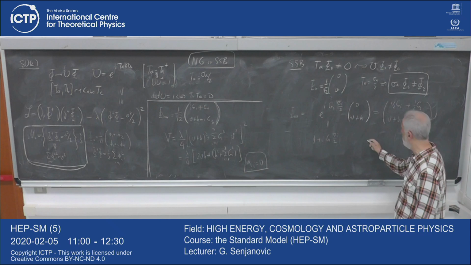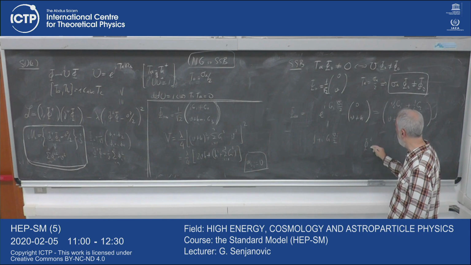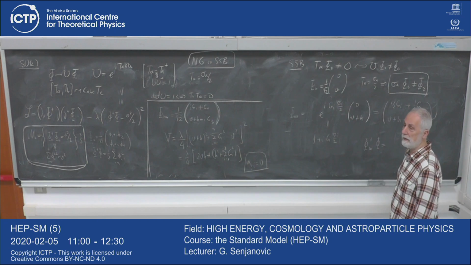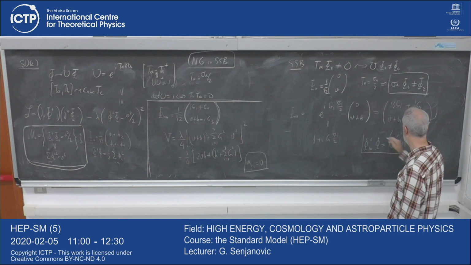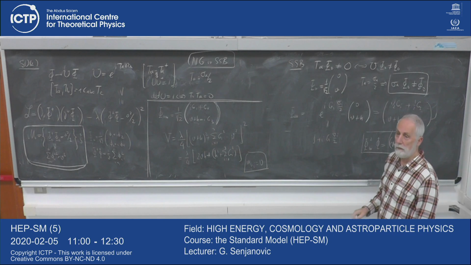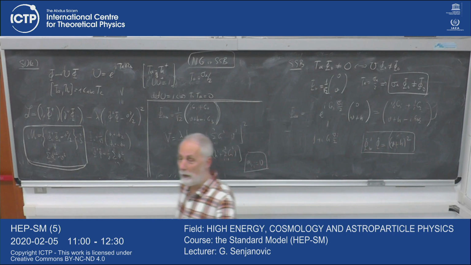Why is this very useful? This particular way of writing it, because phi, the so-called unitary gauge, phi dagger phi, doesn't have these guys anymore. They disappear. It is just V plus H squared. These guys are obviously massless. Where did they go? They went into the kinetic term. Right?